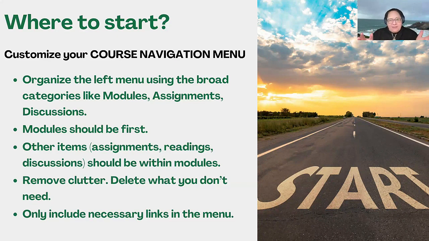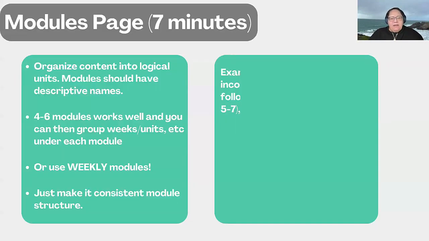If there's nothing in the tab, get rid of it. I prefer to put things into the module overview. We'll talk about that in just another minute. And then essentially, as I said, delete anything you don't need, so that the whole point is reducing clutter. And I'll show you in a minute what I'm talking about in Canvas.